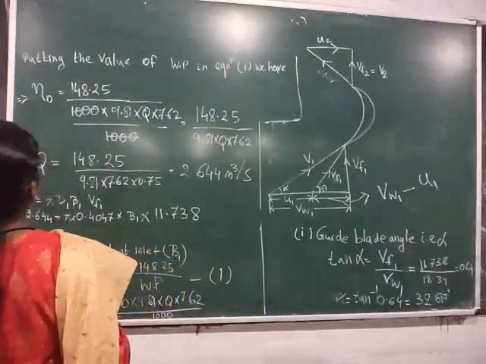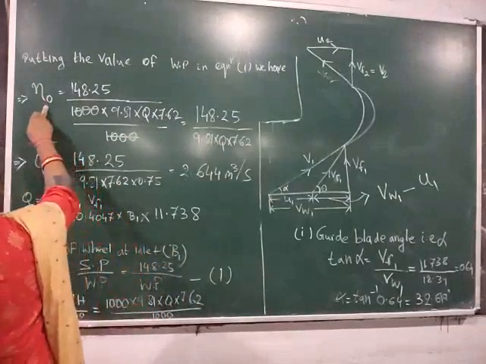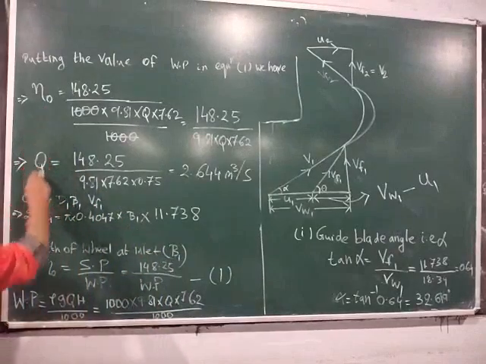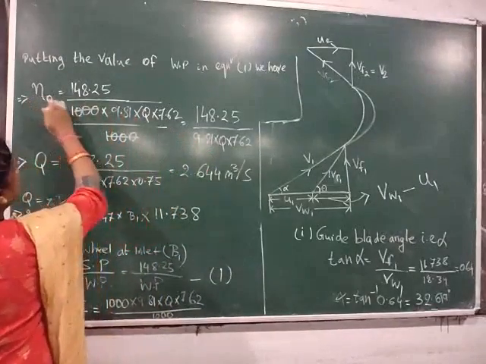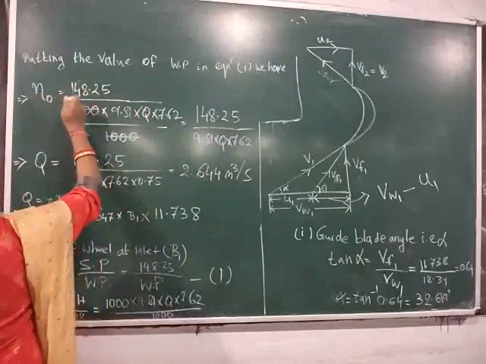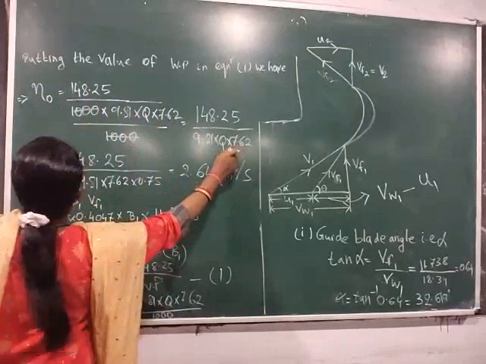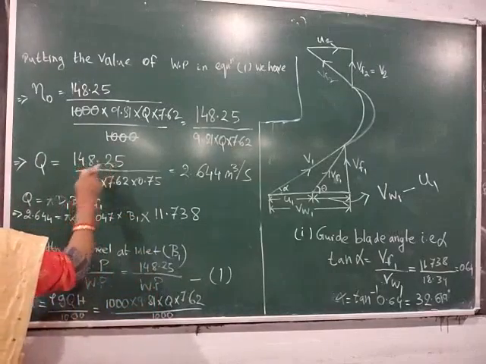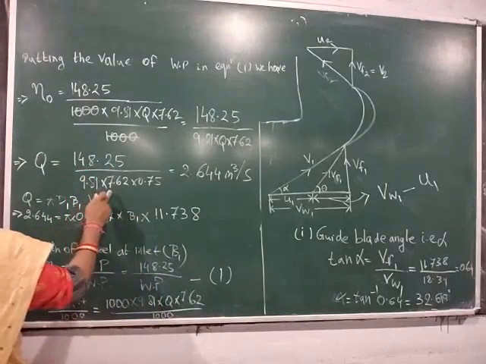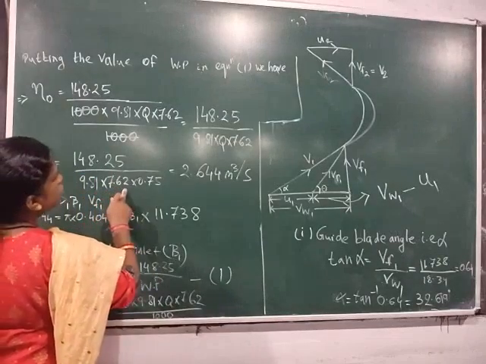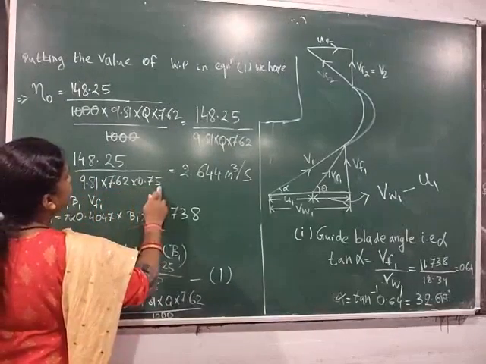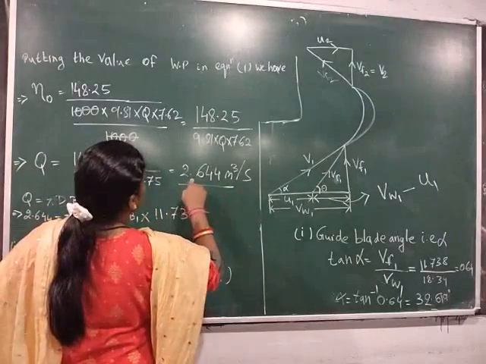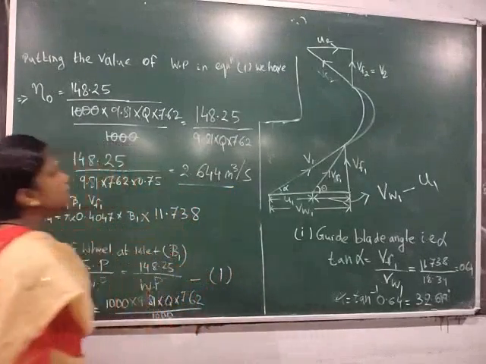You know the overall efficiency, given in the question, is 0.75. So the equation is 148.25 divided by 9.81 into 7.62 into overall efficiency 0.75. We are getting the answer 2.644 meter cube per second.